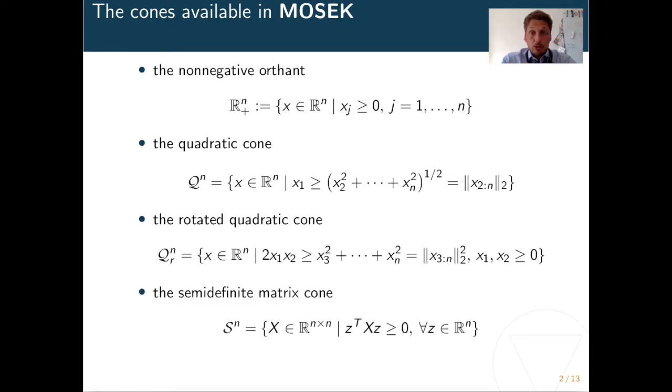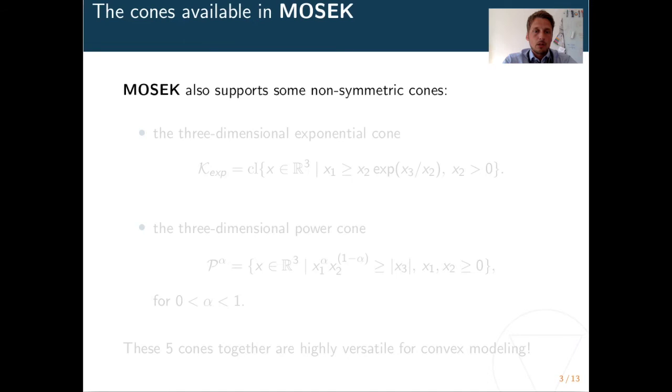The semi-definite cone, here described with matrix variables, has many classical applications in convex optimization, but it can also appear in real-world applications arising in engineering, or as a means to build strong relaxations of some combinatorial optimization problems. Now, the three previous cones are the well-known and very well-behaved from a mathematical point of view, so-called symmetric cones.